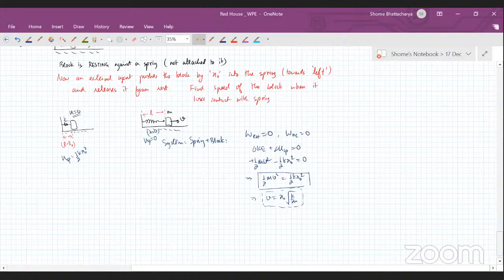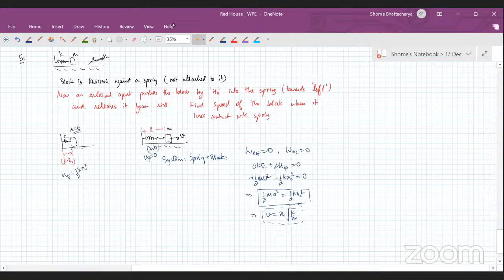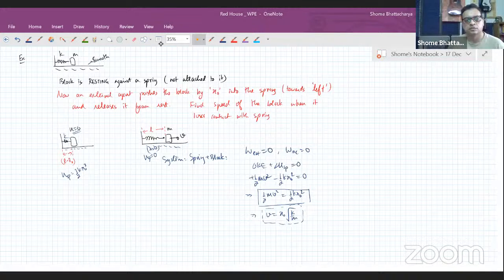Okay, so now let's take a relook at this question. So this one, as you can see, is a very simple situation. It doesn't get easier than that question.